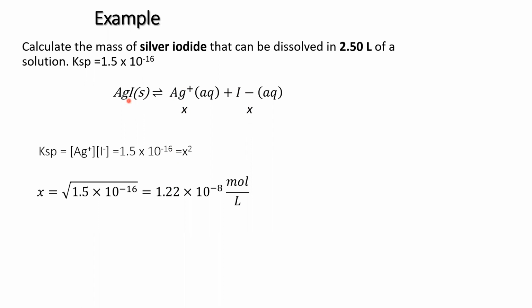All right, so now we're going to go back to our solutions chapter. We know the molarity and we know the volume of the solution. We can calculate the moles. And if we know the moles and we know the formula, we can calculate the mass.